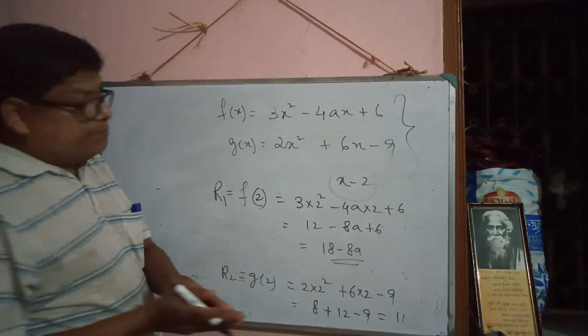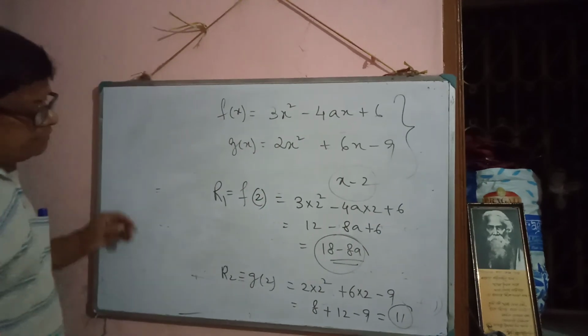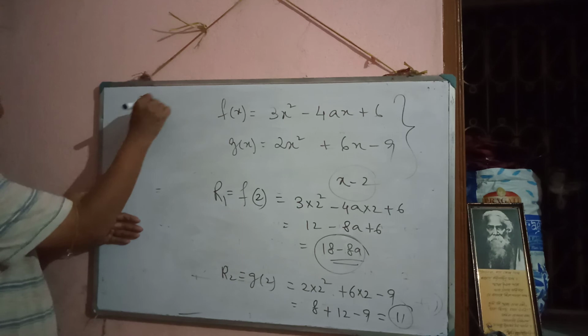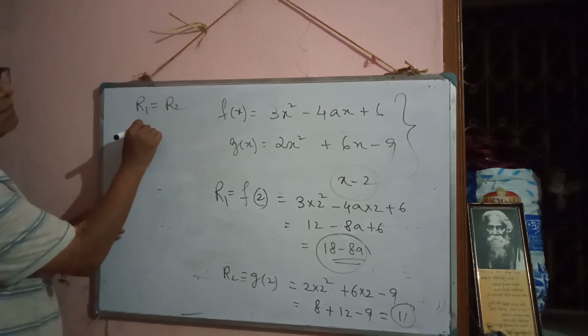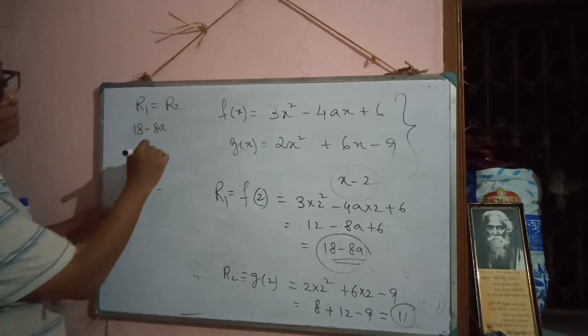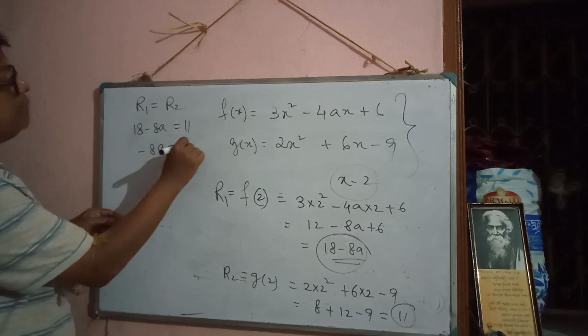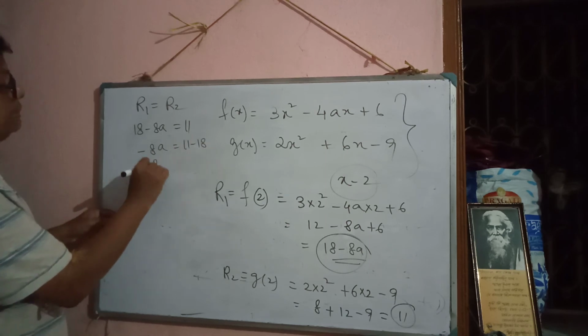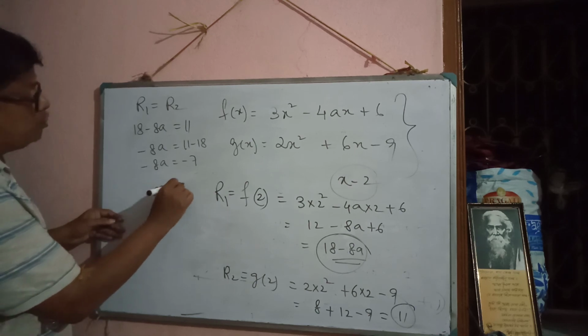Both have the same remainder, so R1 equal to R2. That is 18 minus 8a equal to 11. So minus 8a equal to 11 minus 18, minus 8a equal to minus 7, so a equal to 7 by 8.